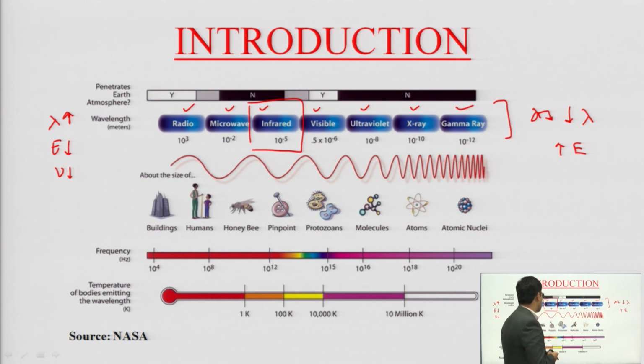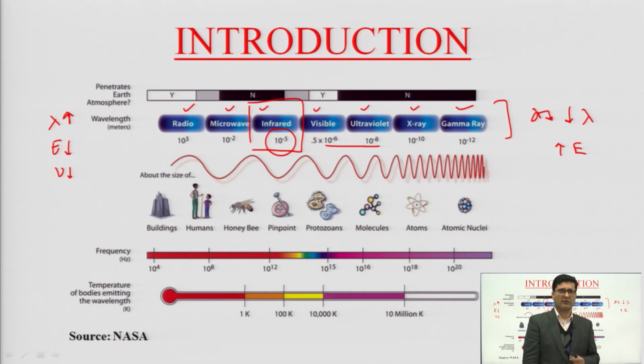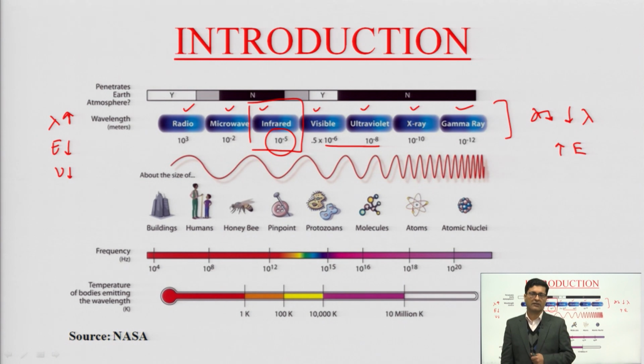It is clearly seen that infrared light has a wavelength in the range of 10 to the power minus 5 meters, whereas UV and visible light have a wavelength range of 10 to the power minus 6 to 10 to the power minus 8 meters. So IR light has a longer wavelength than UV and visible light, and hence less energy content also.